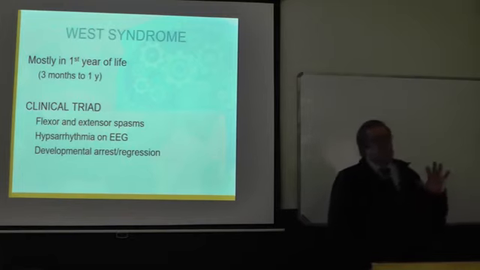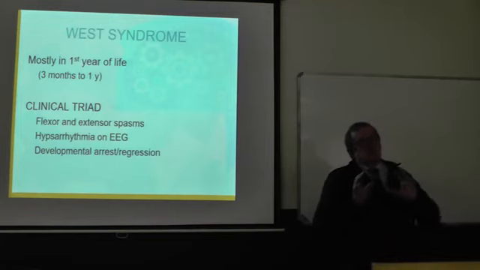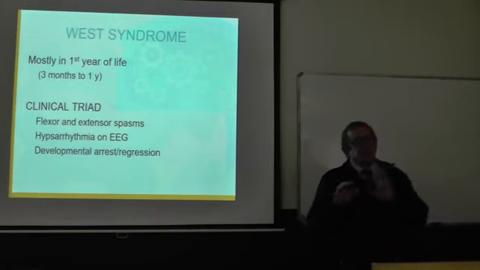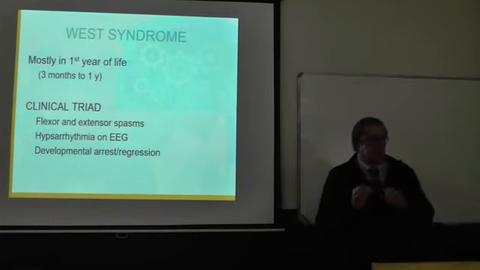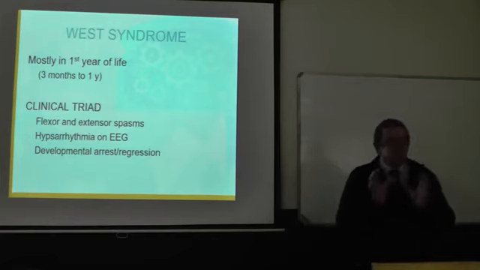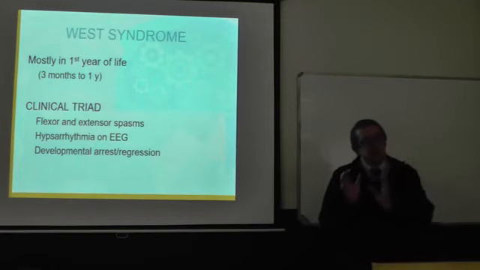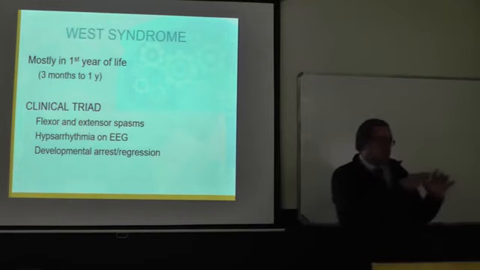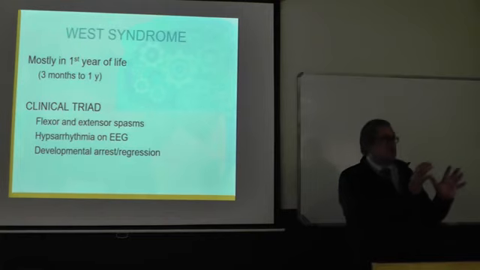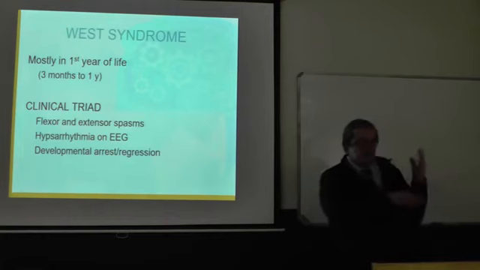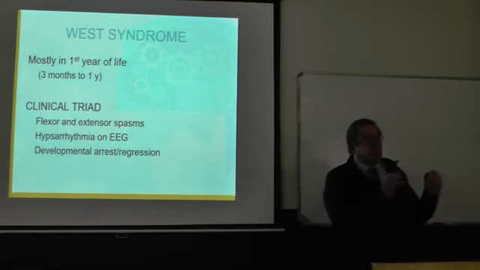You get an association with some specific causes like hypoxia at birth or malformations or neurocutaneous syndromes, specifically tuberous sclerosis. But on the other hand, you also get a subgroup of infantile spasms which do not have a clear cause. Those are then called idiopathic.